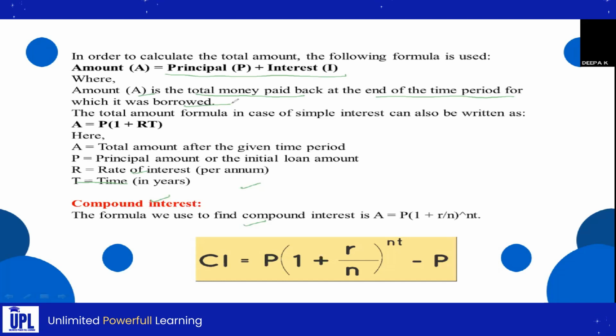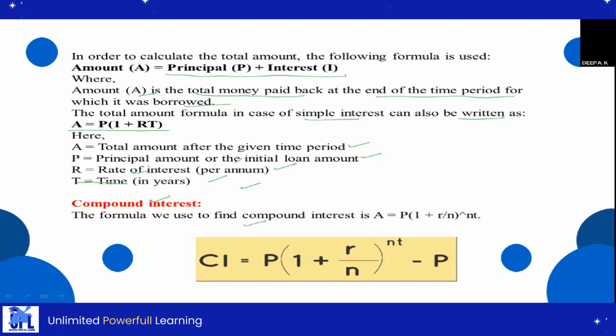Then the total amount formula in case of simple interest can also be written as A is equal to P into 1 plus RT. So that is the formula for amount in simple interest: A equals P into 1 plus RT, where A is the total amount after the given time period, P is the principal amount or initial loan amount, R is the rate of interest, and T is time.